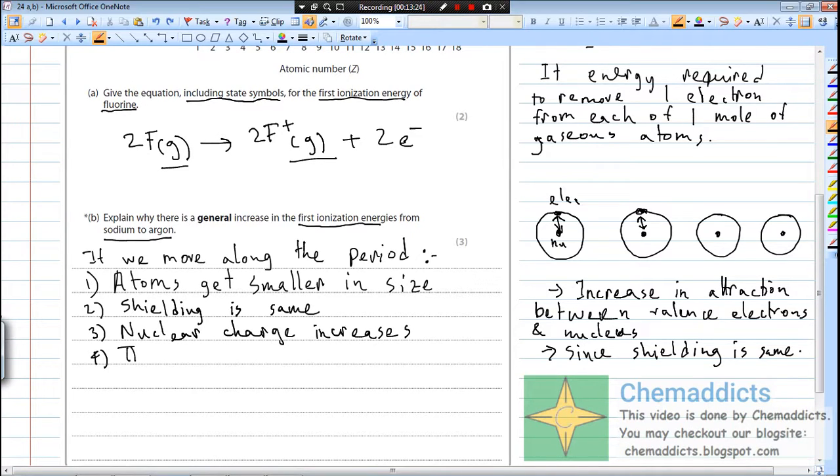So there is stronger attraction between the nucleus and the outer shell electrons, or valence electrons, you can say.